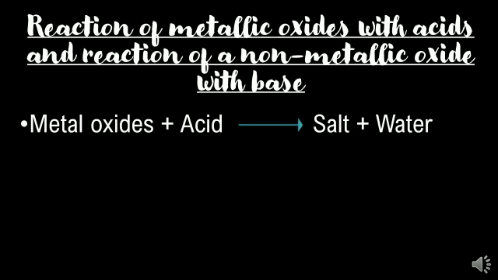Okay, so the general reaction between a metal oxide and an acid can be written as metal oxide plus acid gives rise to salt plus water. Okay, so coming to this one, we need to write and balance the equation for the above reaction, that is your small homework. Since metal oxides react with acid to give salt and water, similar to the reaction of a base with an acid, metallic oxides are said to be basic oxides.